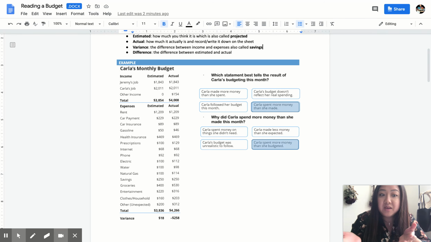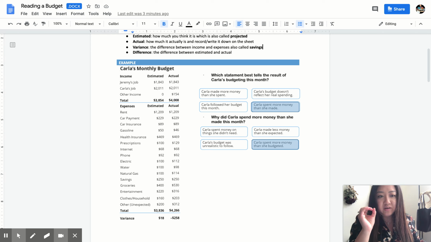We also look at the difference. All right, there might be another column right here usually, and we call it the difference. The difference is just telling me the difference between the estimated amount and the actual amount. So for example, for other income here, she estimated that she would be getting zero other income coming in. But then in real life, she actually got $154.